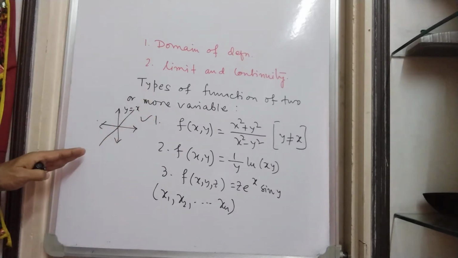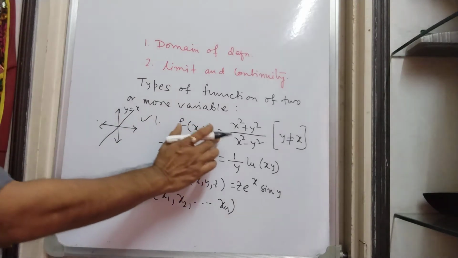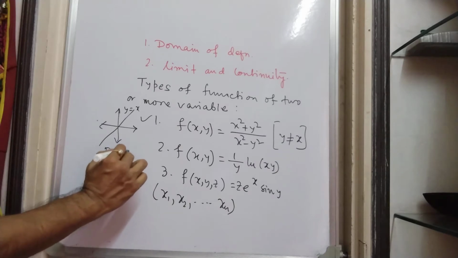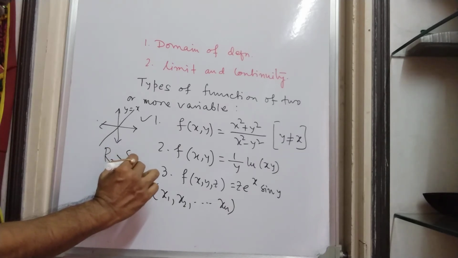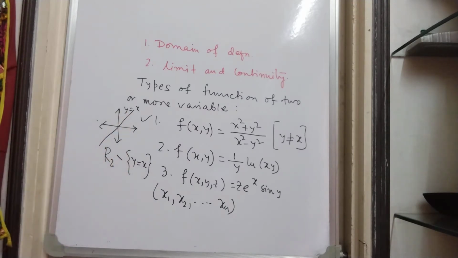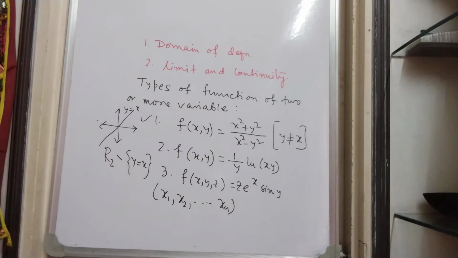This line is punctured from the two-dimensional plane, and that is the domain of definition. It may be written as R2 minus the line y equal to x. That means we discard all the points where the values of x and y are equal. This is termed a punctured plane.